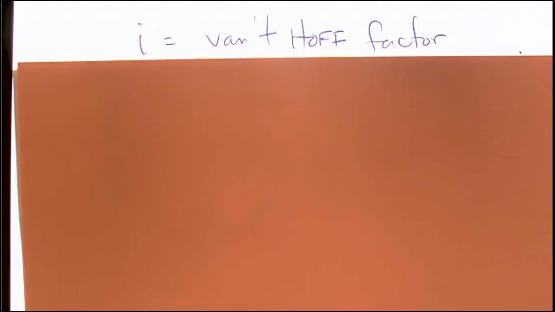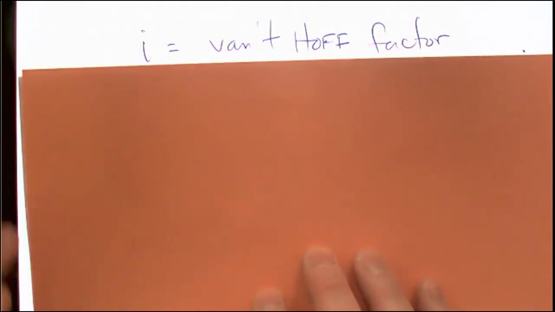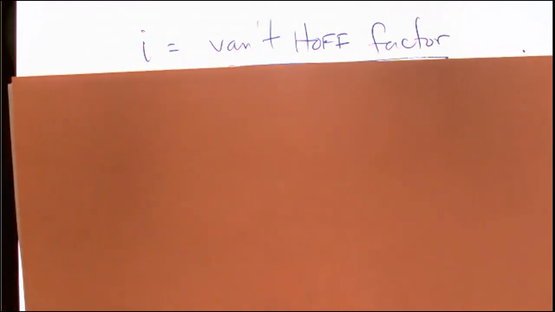Similarly, if you put 1 mole of potassium nitrate, you'd get 2 moles per liter of particles. Well, where I'm getting that 2 from, that's the Van't Hoff factor. So the Van't Hoff factor is just the number of moles of particles produced when 1 mole of solute dissolves.